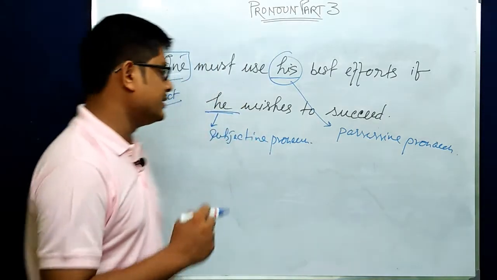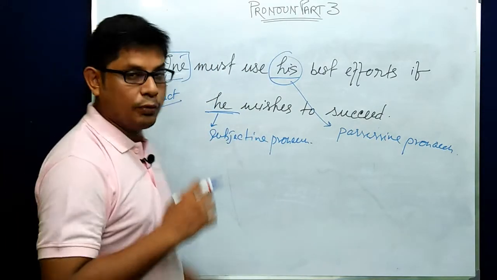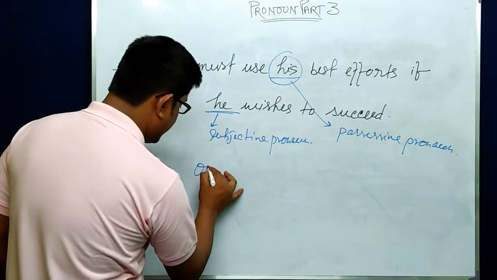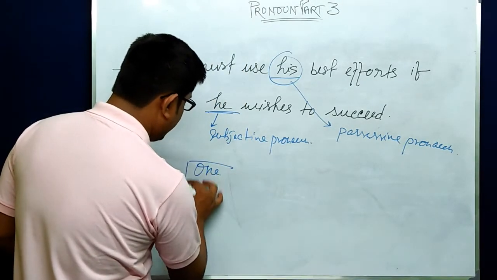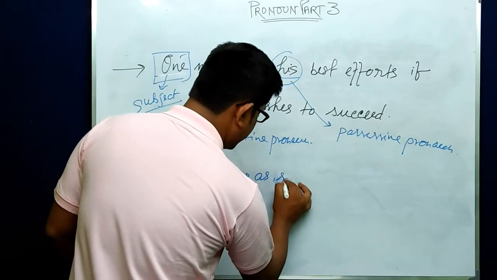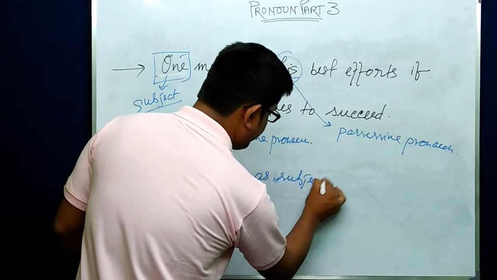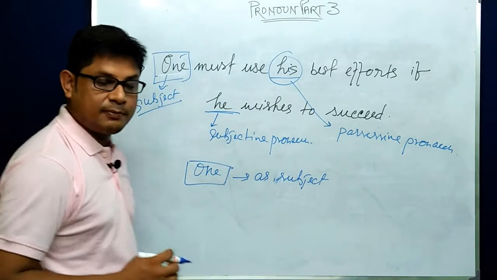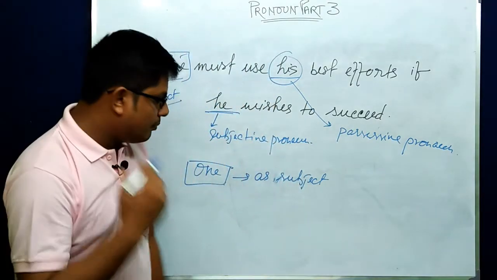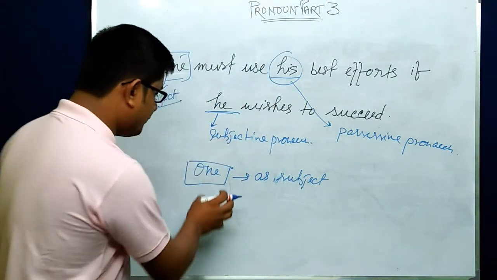Why is it a wrong sentence? You have to remember one thing. Whenever you use "one", O-N-E, as subject, then whatever pronouns you use in this sentence must be on the basis of "one".